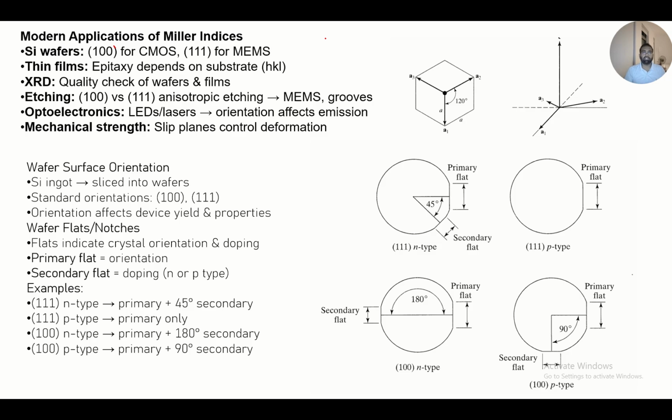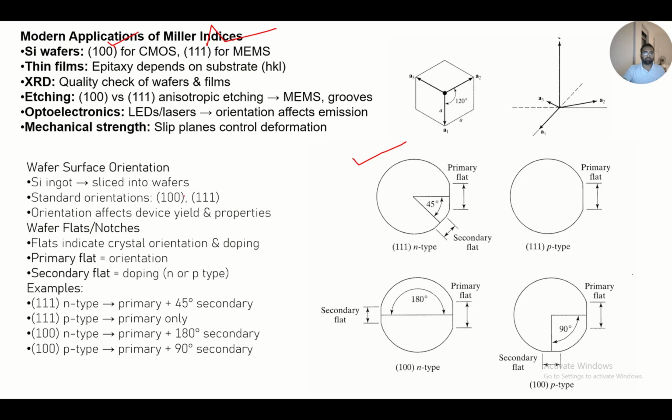That layer is called a silicon wafer, and these wafers have particular notation in industry and in academia, so they can be represented by 100 or 111. In this case you can also see that the wafers have a flat surface and a secondary flat surface to know which type of semiconductor it is.